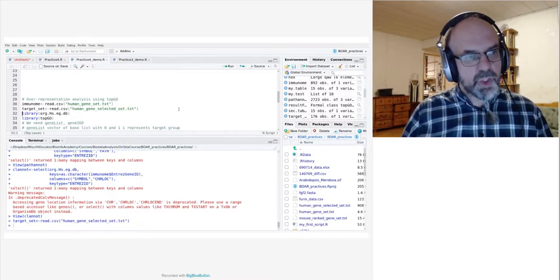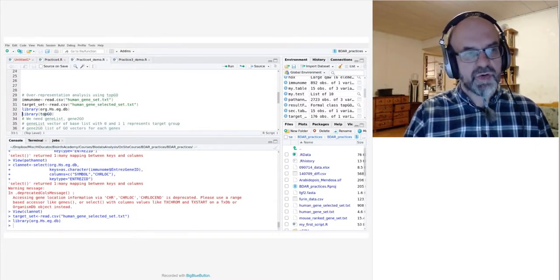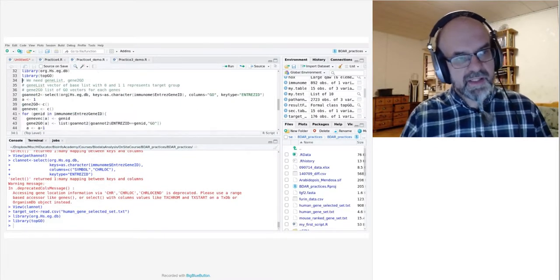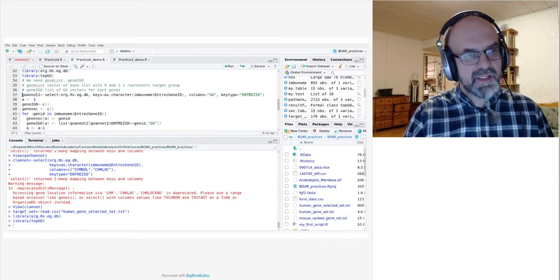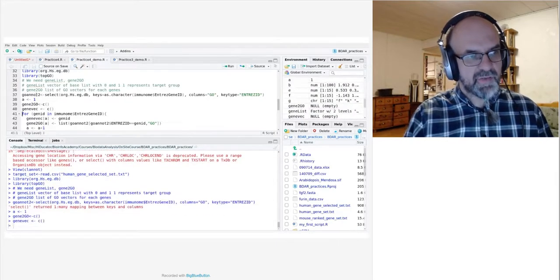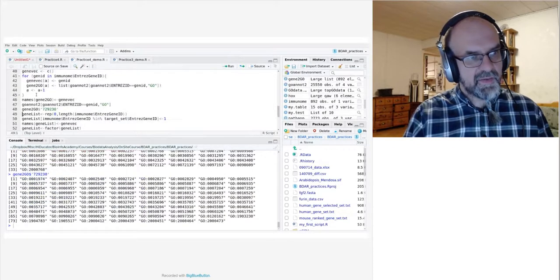We will use the topGO package, which is one of the implementations of the overrepresentation analysis. The exact procedure is not very important. I just want to show you what kind of results we will get.